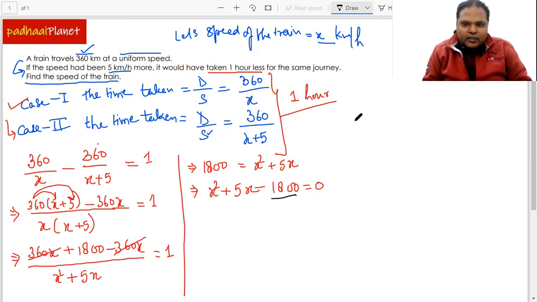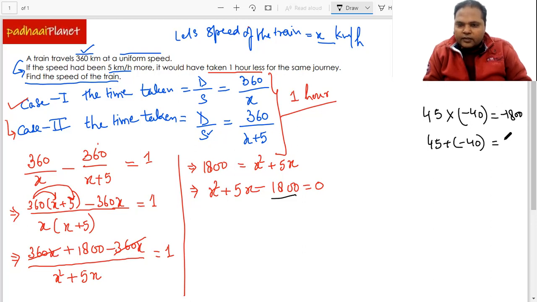So in that situation, let us take 45 multiplying with minus 40. When we do that, we get minus 1800. Now, if we add these both, 45 plus negative 40, what we get is 5.